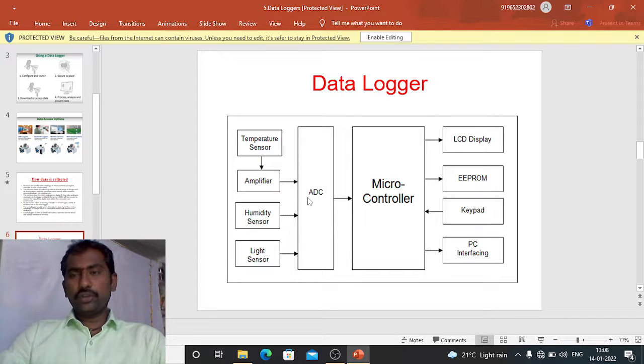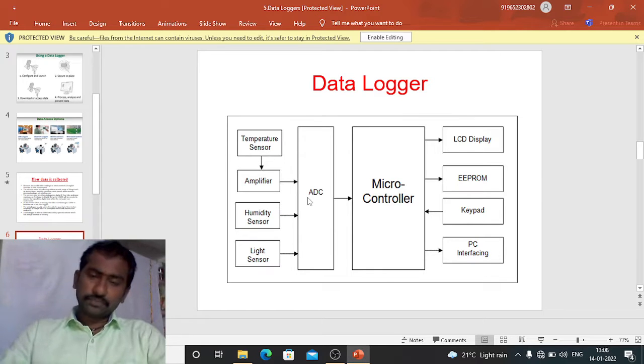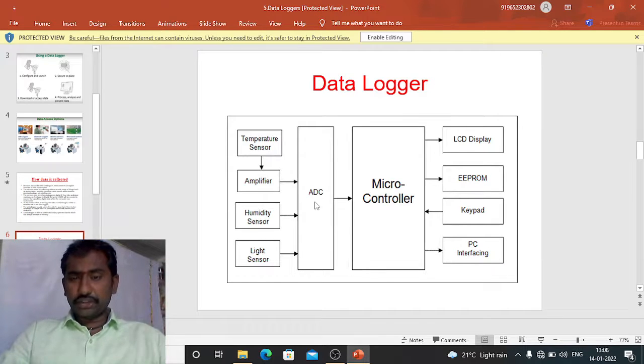We already know there are various types of analog to digital converters, such as successive approximation type and dual slope ramp type, and many more. If the data received from the sensors is analog, it is converted into digital data in order to give the input to the microcontroller, which reads only digital data.